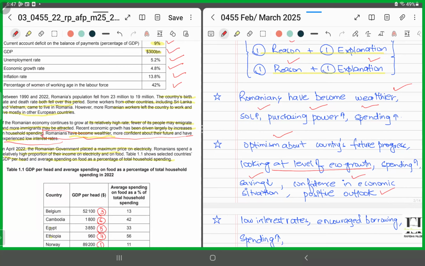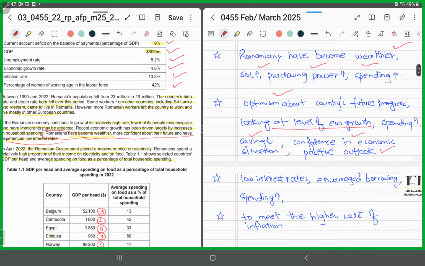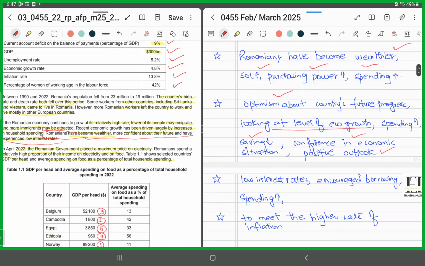As a result, they are spending more. Or you could say that since the country is enjoying low interest rates, they are able to borrow or have loans at subsidized, friendly rates, so they are spending more and saving less.